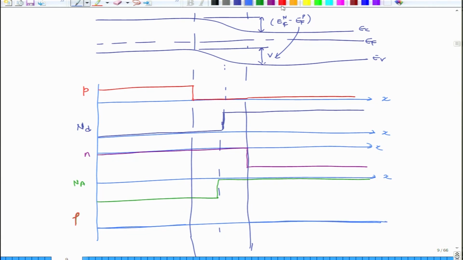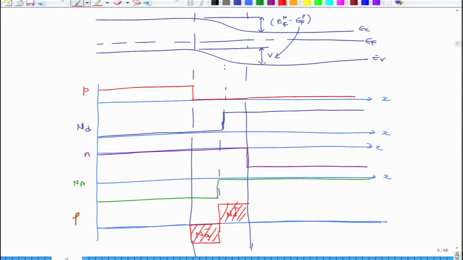In this region you have some ND, and in this region you have NA, so this is positive, this is negative. This is the depletion region. You have only ionic cores left, there are no free carriers there, and the amount of charge which is here is equal to the amount of charge which is there.